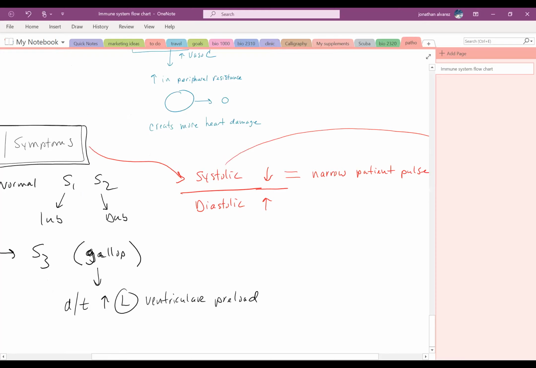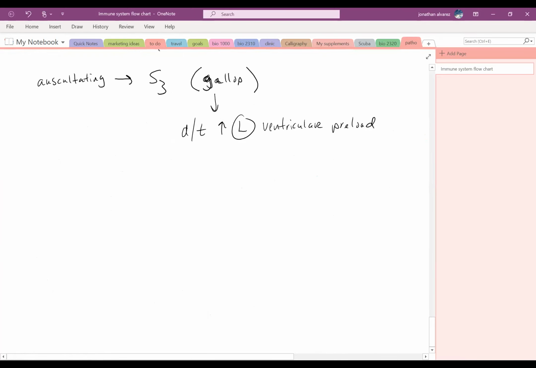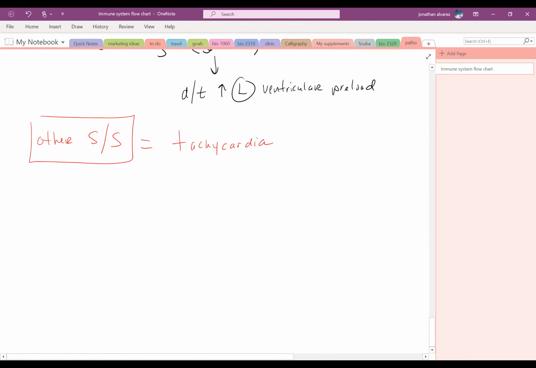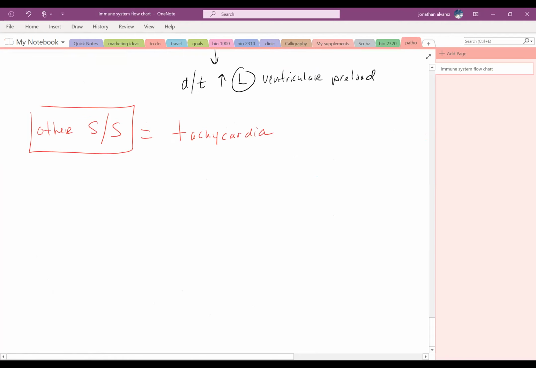Also, with other signs and symptoms, they're going to have tachycardia, so rapid heart rate, usually defined as greater than 100 beats per minute.